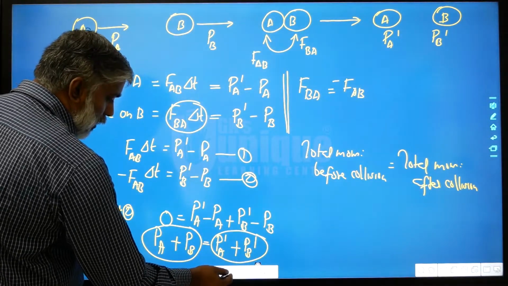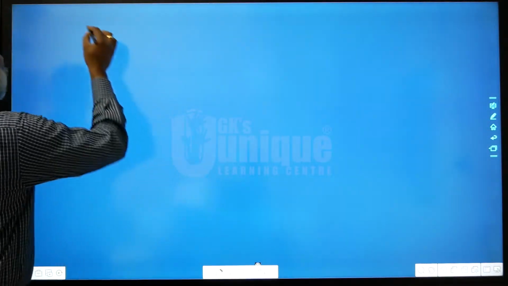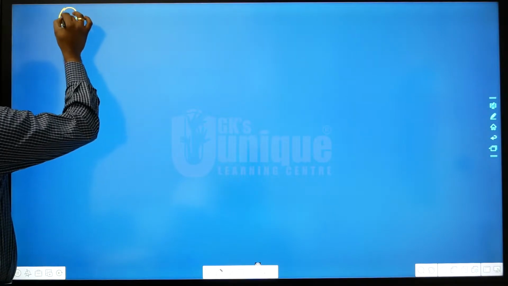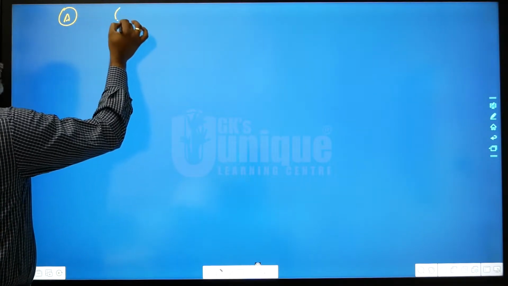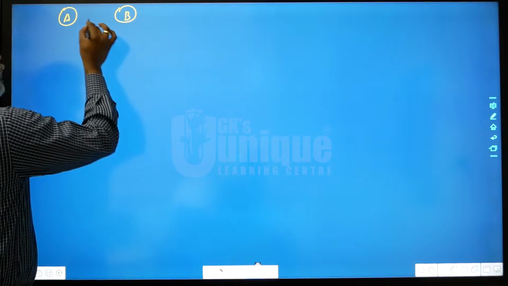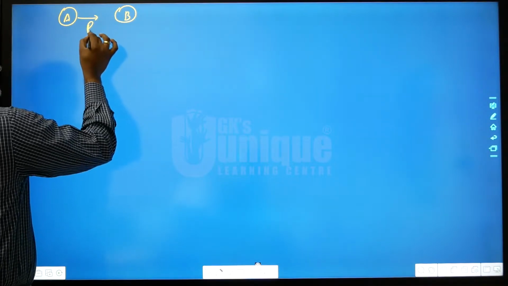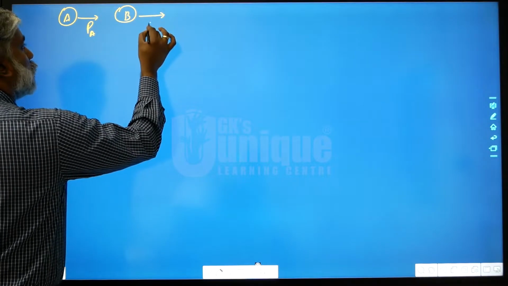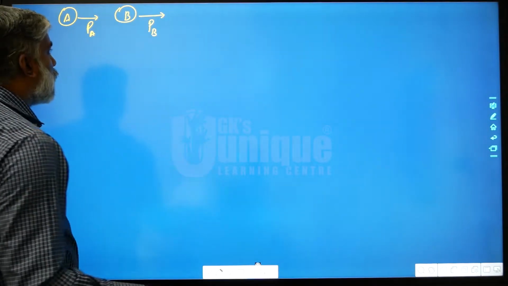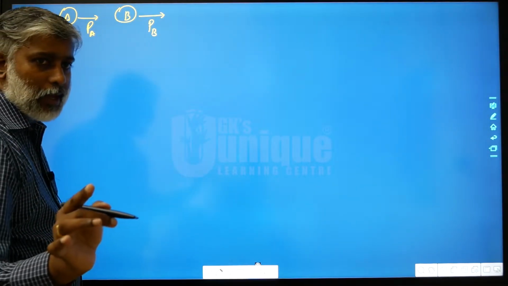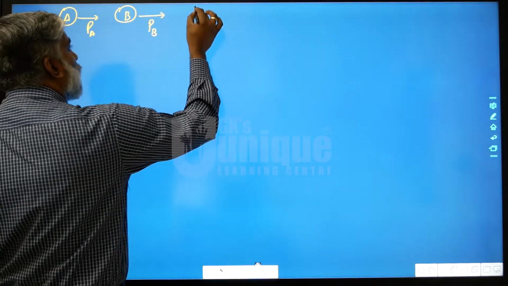So listen properly. We have two bodies, A and B, both moving bodies. Their momenta are PA and PB respectively. They collide against each other.